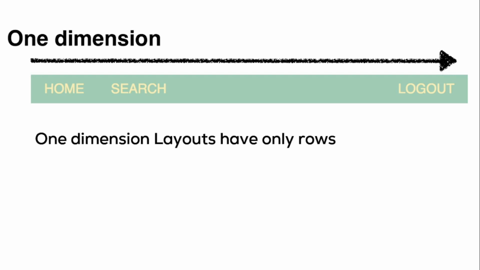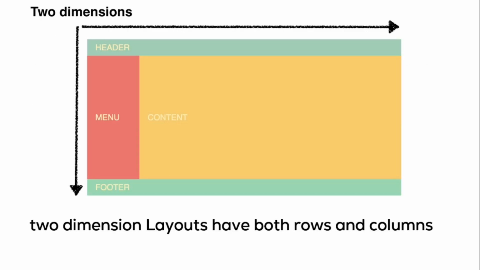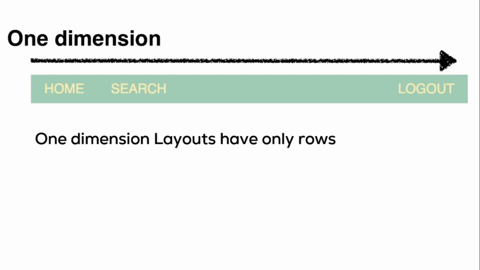And then a two-dimension layout is a layout that contains both rows and columns. So when you look at something like this, it is a two-dimension layout, and when you look at something like this is a one-dimension layout.